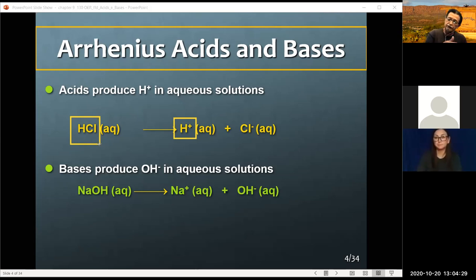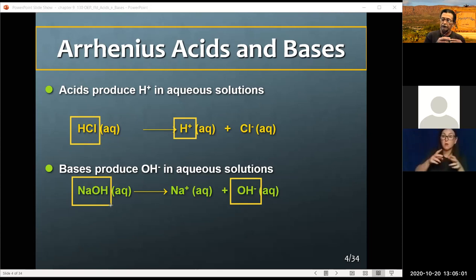Back to the definition. An Arrhenius acid is any covalently bonded chemical that produces a proton. With respect to bases, the Arrhenius definition is anything that produces in aqueous solution the polyatomic ion hydroxide. Notice the starting material, sodium hydroxide, is an ionic compound.